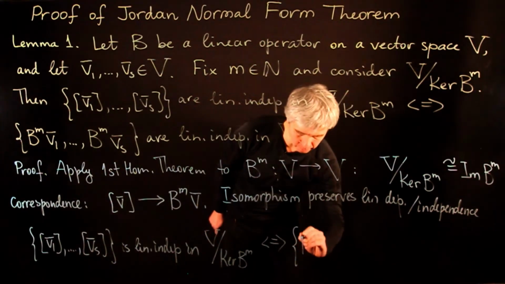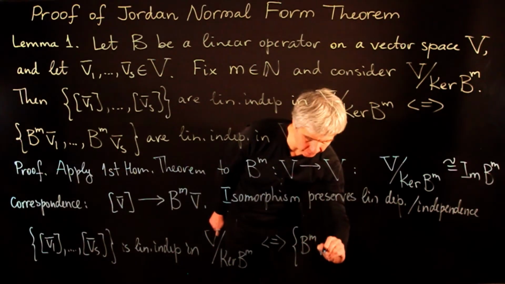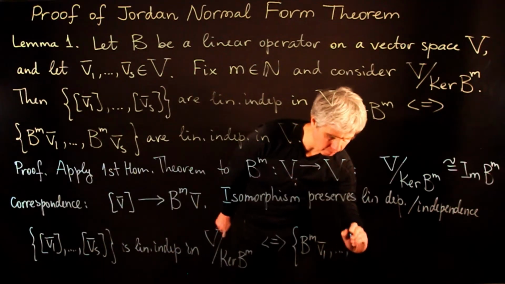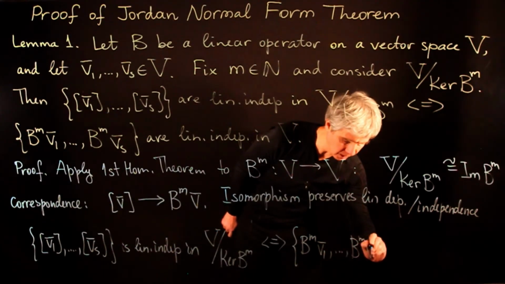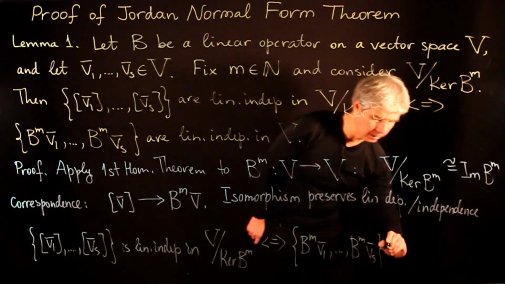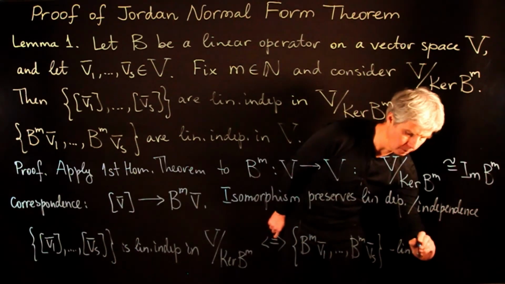So the vectors B to the power m V1 through B to the power m Vs are linearly independent.